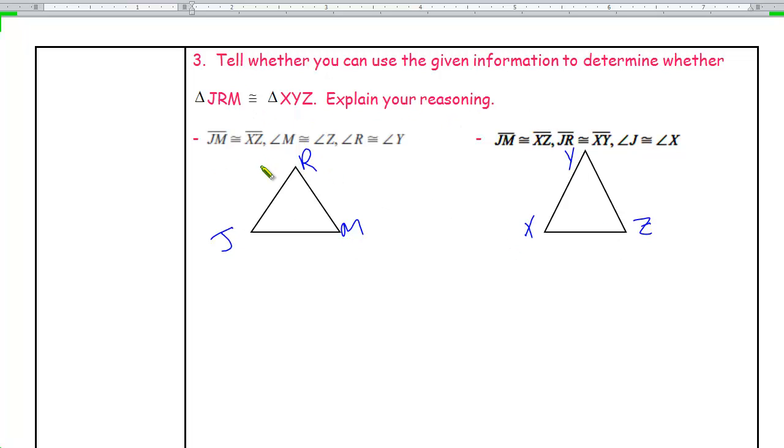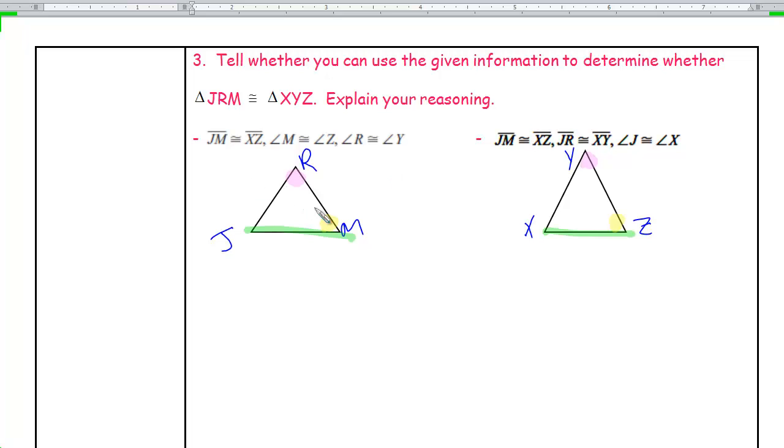And now I'm going to go ahead and set up these different scenarios. So I have JM, J to M, is the same as X to Z. Angle M is the same as angle Z. And angle R is congruent to angle Y.